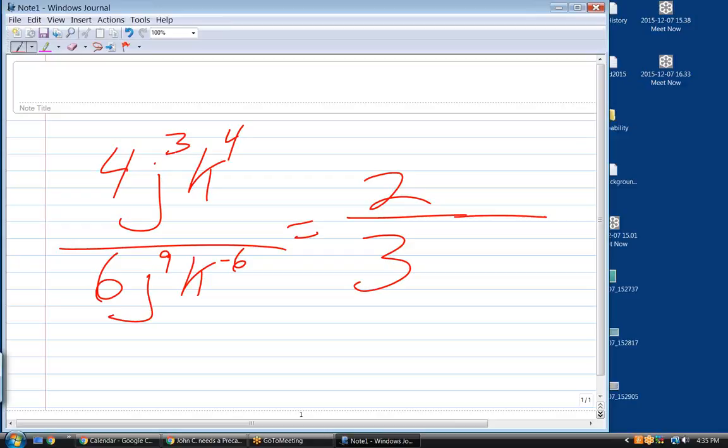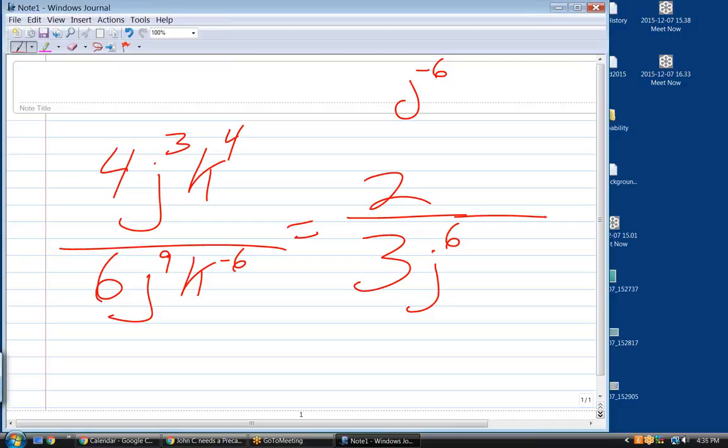You subtract the exponents. So it comes out to be j to the minus sixth, which is the same as having j to the sixth in the denominator. In other words, you don't divide the exponents. You subtract them.